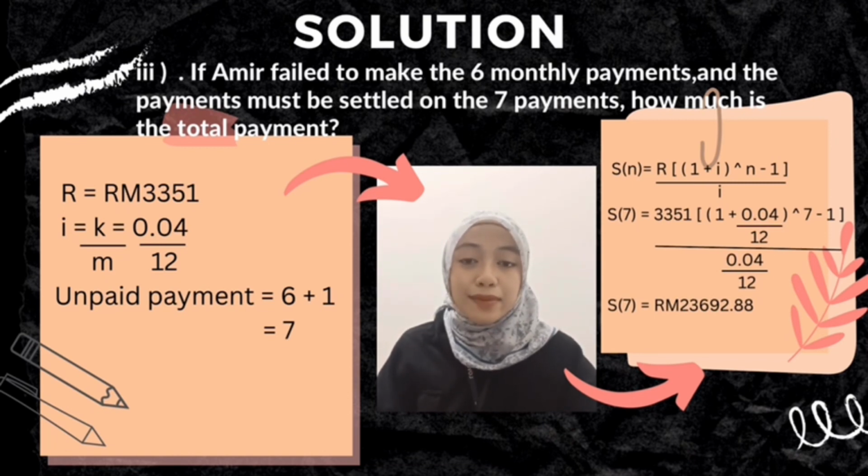So S7 equal to 3,351 times [(1 + 0.04 per 12)^7 minus 1] over 0.04 per 12. So the final answer is S7 equal to 23,692 ringgit and 88 cents.